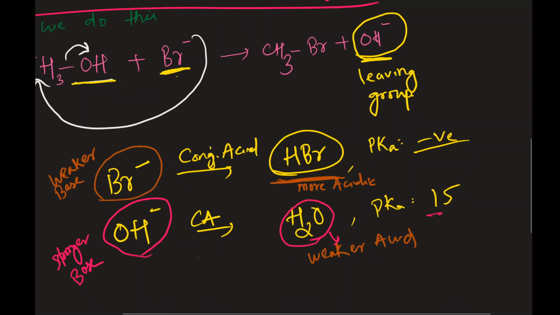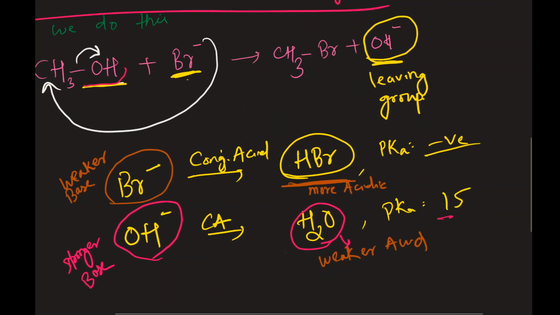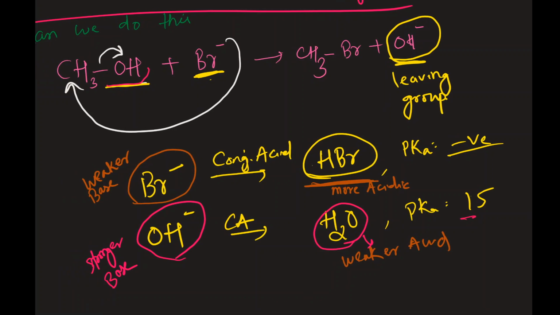Stronger the base, worse the leaving group, right? Weaker the base, better the leaving group. So in this case, OH minus is going to be a bad leaving group. So you cannot replace OH minus with a weaker base. Br minus is a weaker base and the leaving group is a stronger base.